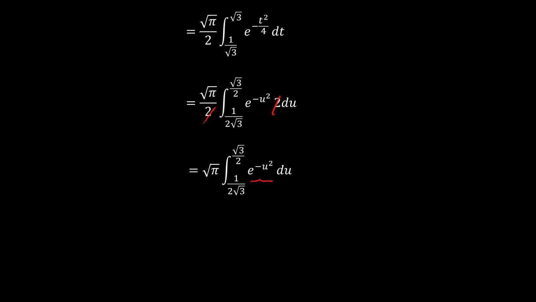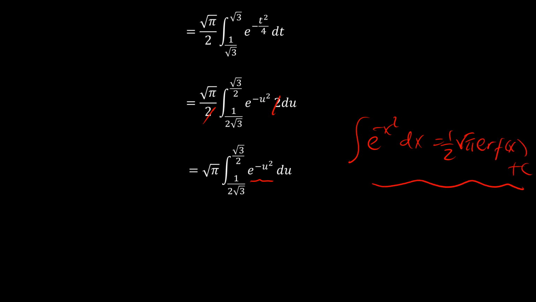So this here is a Gaussian function, and we know that the integral of e to the power negative x squared dx is equal to a half root pi error function of x plus c.